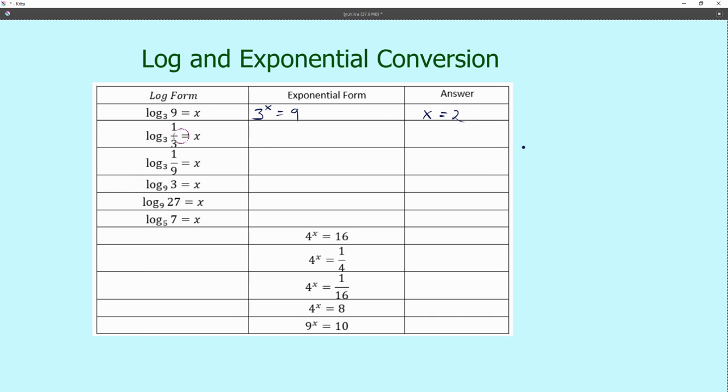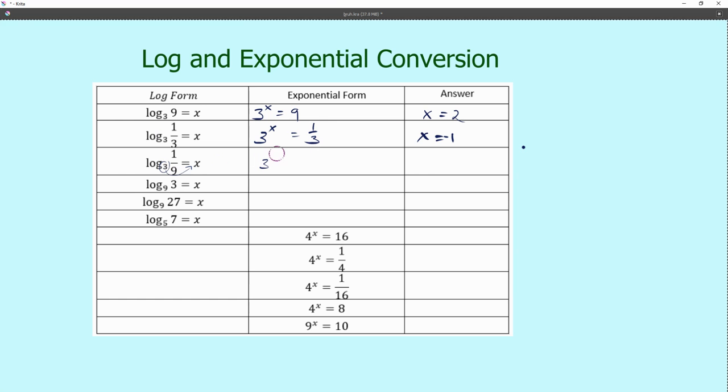Let's go on here. I have 3 to the x power is equal to 1/3. Now remember, if you want something to go to the bottom, the exponent has to be negative. So it's just -1. x equals -1. Same thing here. Start with 3 raised to the what power is equal to 1/9.